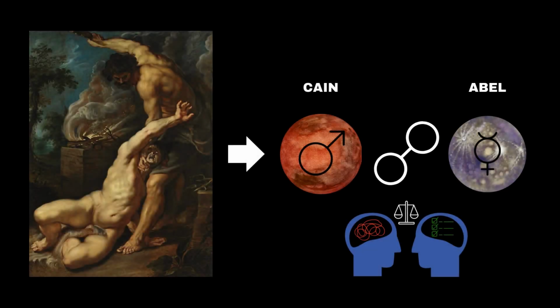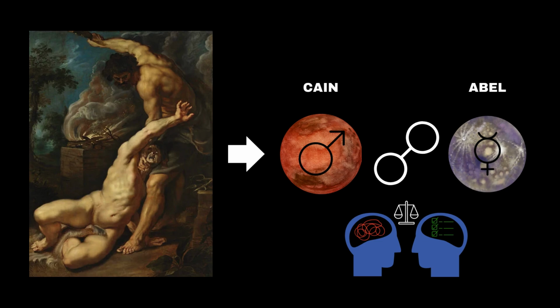Cain's jealousy and murder of Abel can be understood as a manifestation of the astrological concept of planetary oppositions. The conflicting energies of Mars, Cain, and Mercury, Abel, may have been seen as a cosmic struggle, with Cain's aggressive Mars-like nature ultimately prevailing over Abel's harmonious Mercury-like qualities.